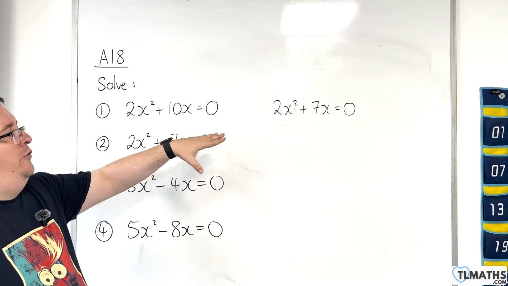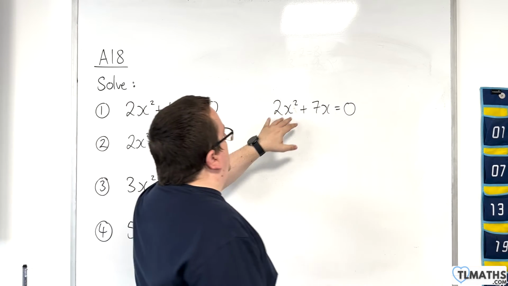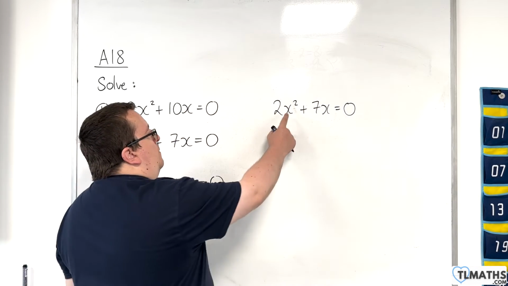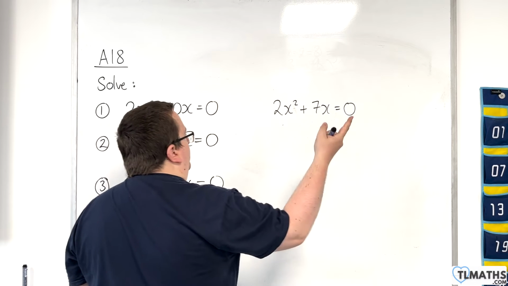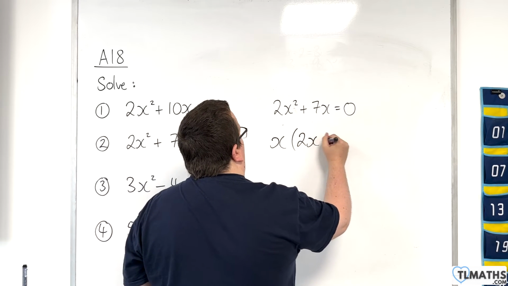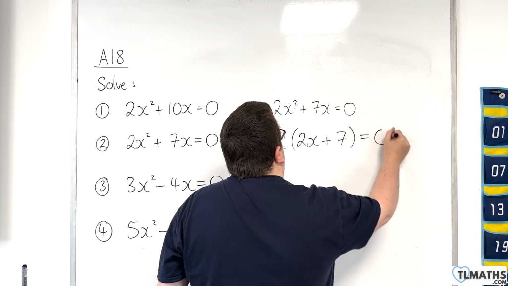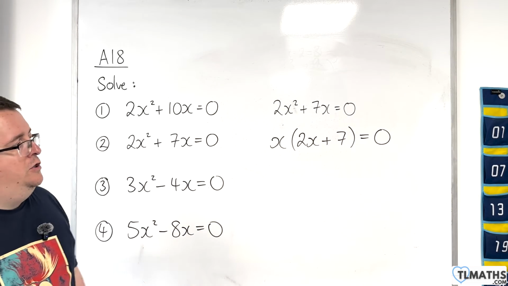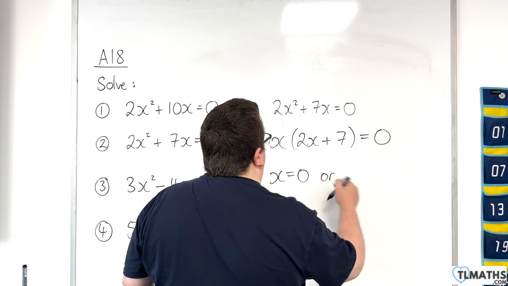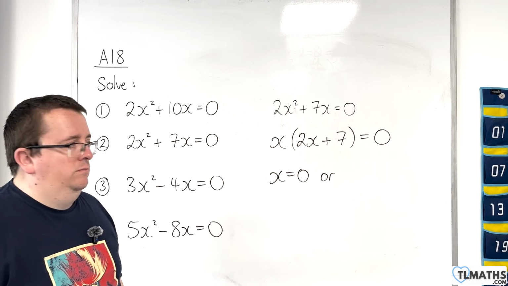Number 2, 2x squared plus 7x equals 0. So 2 and 7 don't have any common factors. Okay, so both the terms do have an x involved though, so we can factor the x out of a single bracket and we're going to have 2x plus 7 inside the bracket. So either the x is 0 or this bracket is 0.